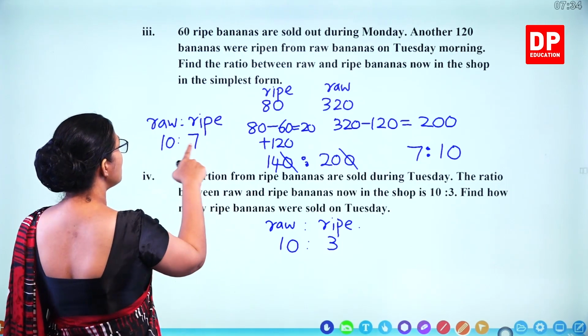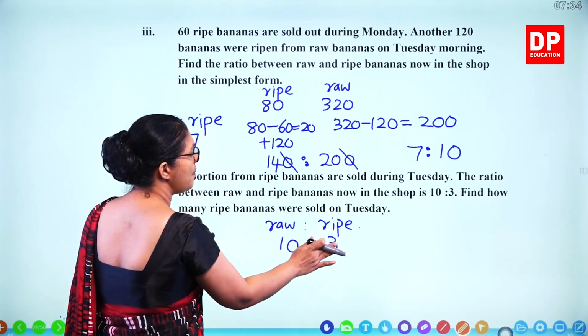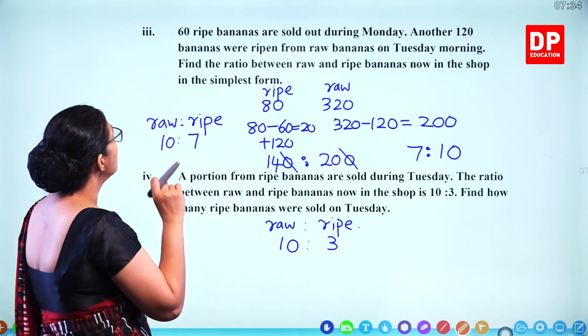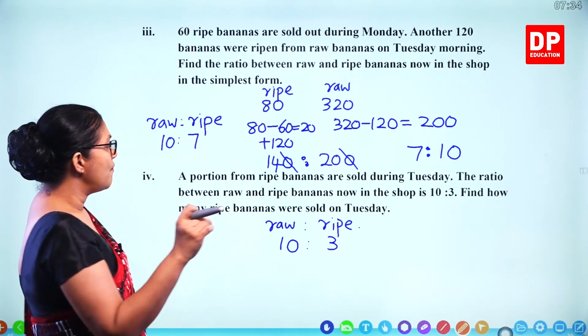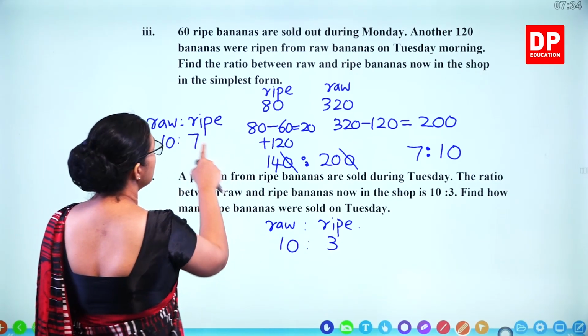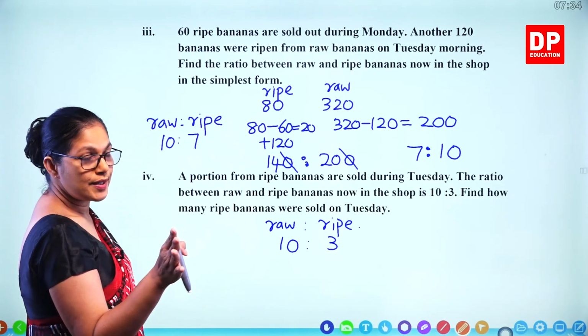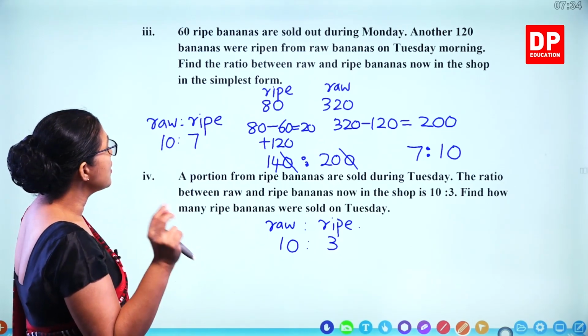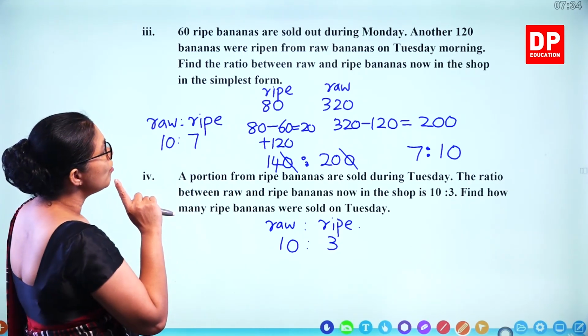Now earlier 10 to 7. So that means raw ones are the same. Ripe ones moved from 7 to 3. So that means when you take this one, 4 parts are sold. So we need to find out what 4 parts means.